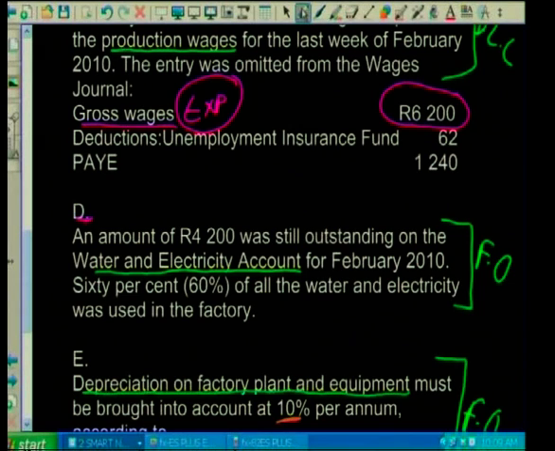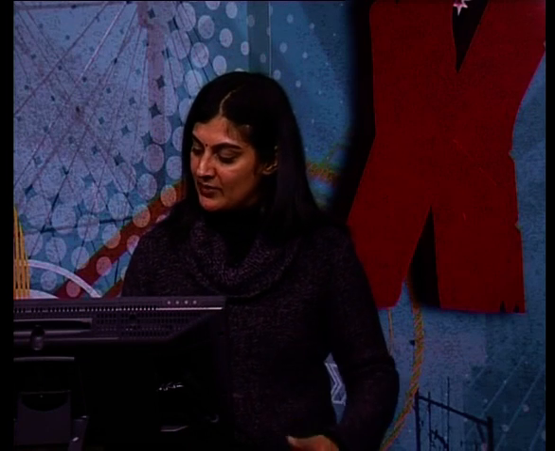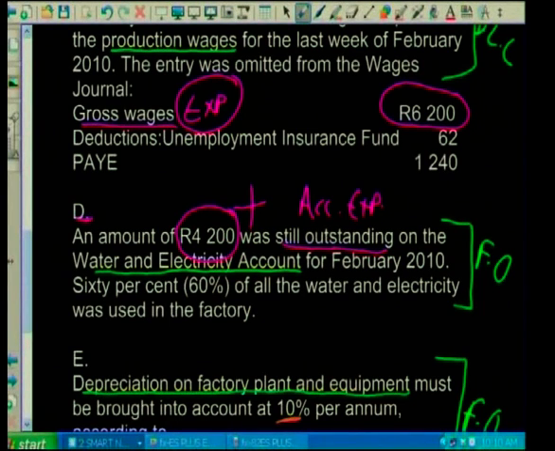Remember, guys, still outstanding. This is obviously an accrued expense. And you've learnt accrued expenses form part of the financial year and therefore need to be included. Included meaning I need to add on this 4,200 Rand to my water and electricity. 60% of all the water and electricity was used in the factory.